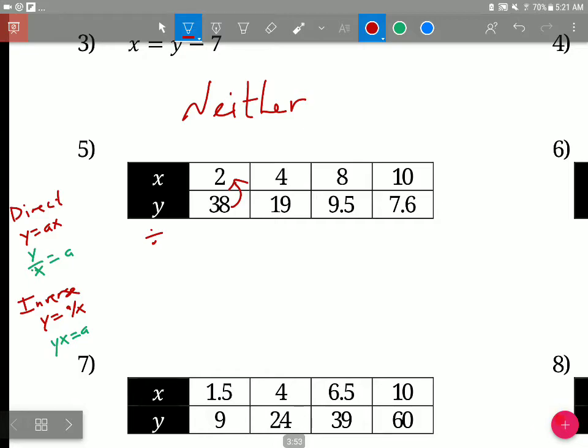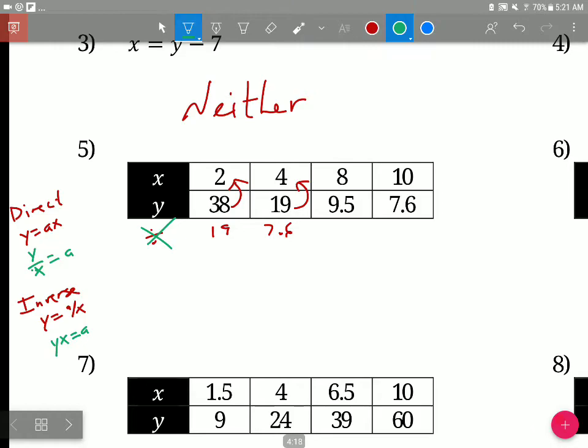So 38 divided by 2 is 19. Then 19 divided by 4 is not 19, but 4.75. Alright, so that does not work. Therefore, it is not direct variation, because remember, direct variation is the one where you divide.